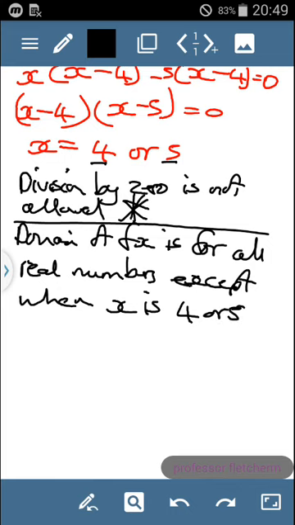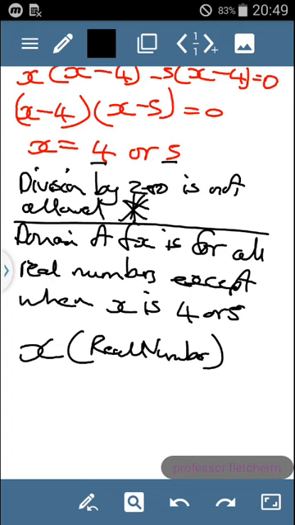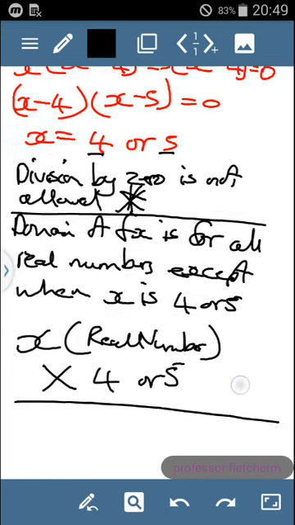This means x can be any real number other than 4 or 5. So this is the domain of this function.